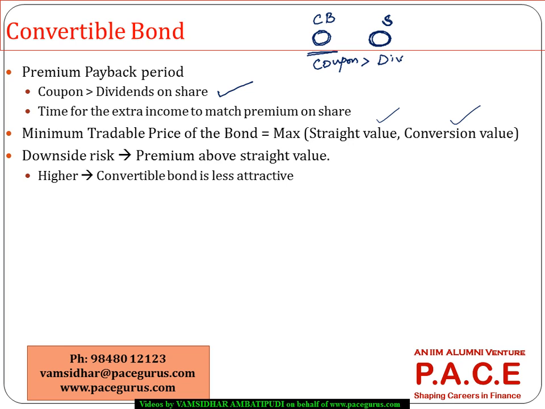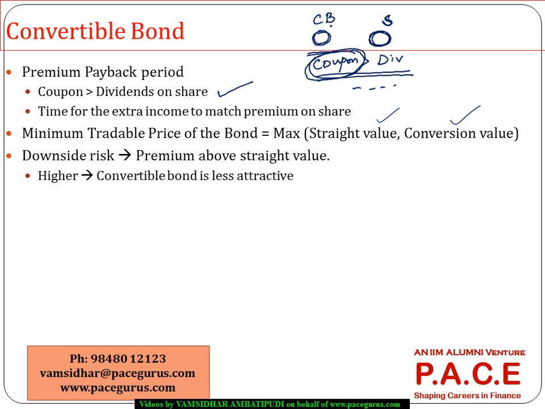So that $1 premium is going to be offset over a period, because over the periods the coupon is greater than the dividend coming from the share, and gradually that excess is what translates into the premium people are willing to pay for the convertible bond compared to a direct purchase of a share.